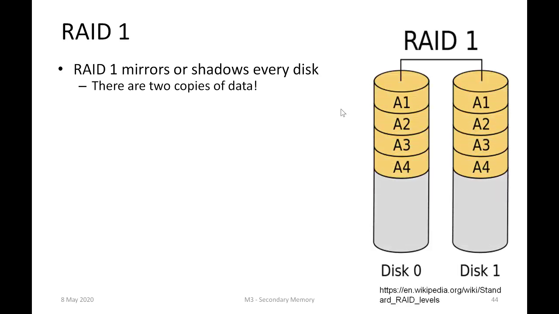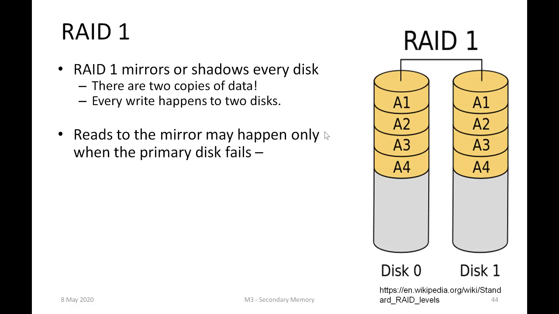For example, if we have 2 disks, disk 0 and disk 1, A1, A2, A3, A4 will be present in disk 0 and a copy of them will be placed in disk 1. It also means that whenever we want to write to a location, let's say A1, we need to write to both disk 0 and disk 1 so that they are always coherent.